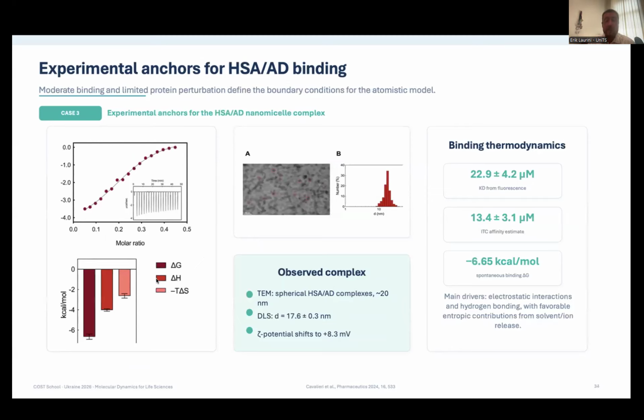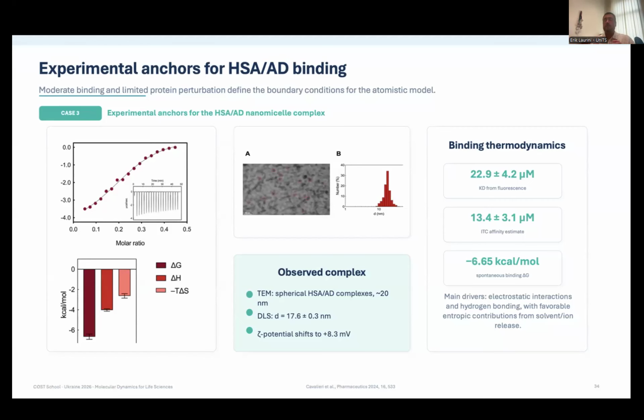From the experimental techniques, we obtained the thermodynamics of the interaction, the enthalpic and entropic balance for binding nanovectors and HSA proteins. With DLS and electron microscopy, we obtained the dimension and the shape of this system.